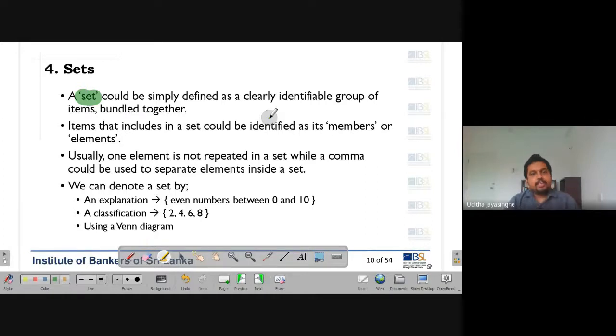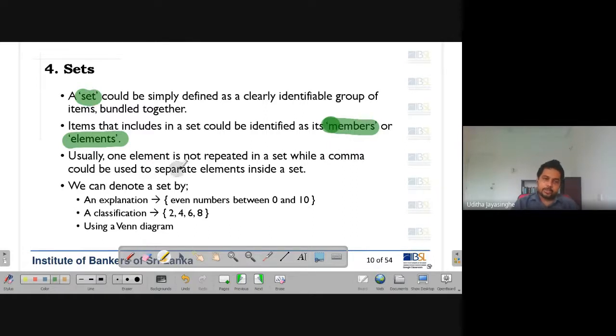Okay. A set could be simply defined as a clearly identifiable group of items bundled together. Similar items, we are bundling together. Items included in the set can be identified as its members, elements or events. Anything could be included in a set.